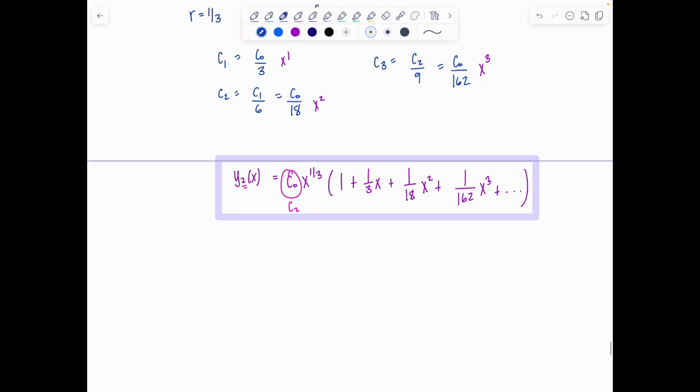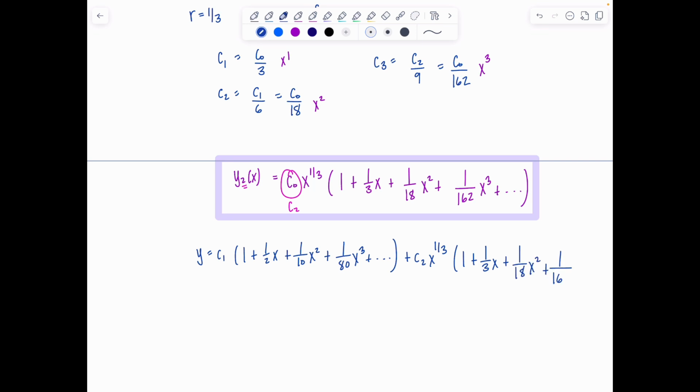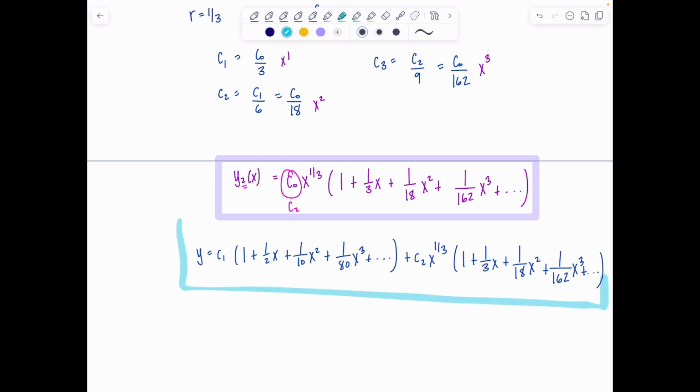So the final answer should be y equals C1 times 1 plus 1 half x plus 1/10 x squared plus 1/80th x cubed plus C2 x to the 1/3 times 1 plus 1/3 x plus 1/18th x squared plus 1 over, they didn't need this fourth term, so if you got it right on the extra credit and you didn't put that last term, don't worry, I'll give you your points, you're good.